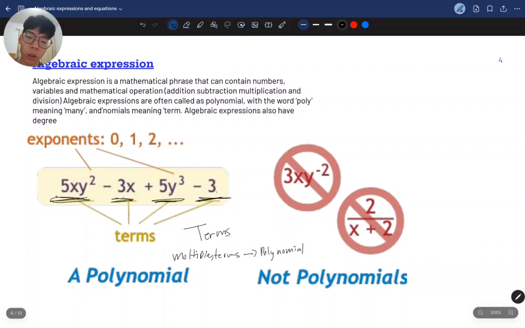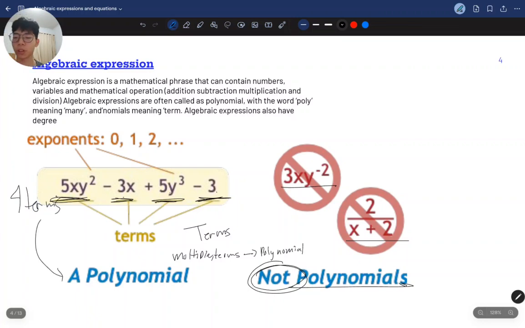Since this only has one term, these are not polynomials, while this having 4 terms is considered a polynomial. Is that easy?